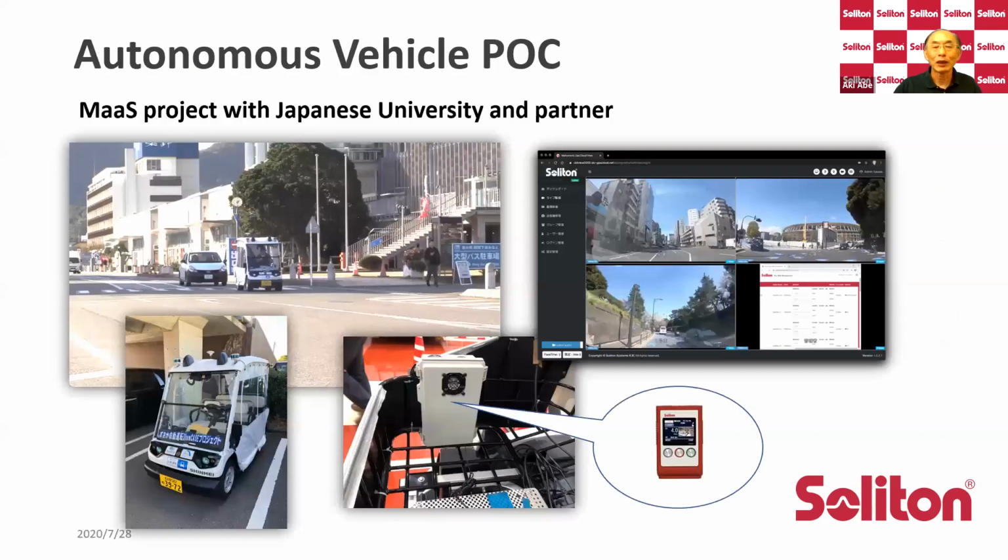On this one, we also do another proof of concept. Actually, we do this with a Japanese university as a partner. It's already ongoing, and it's tested on the street, as you see here. On the middle side, you can see these boxes. We put our encoder inside of there, and we bring the camera video up to our cloud. On the right-hand side, you can see different angles of the camera.